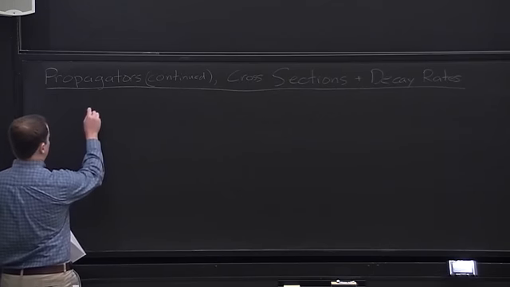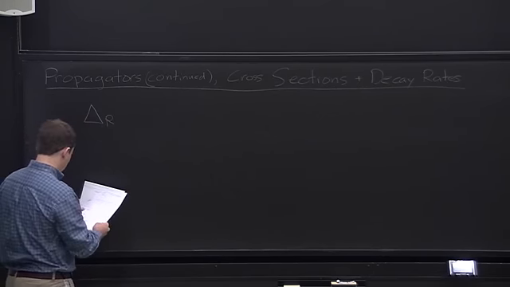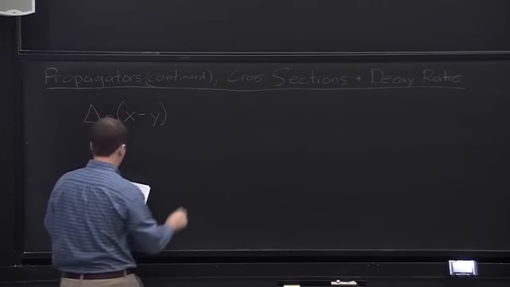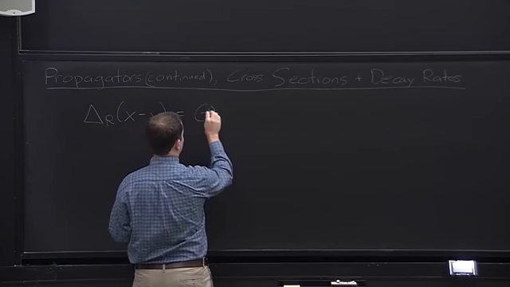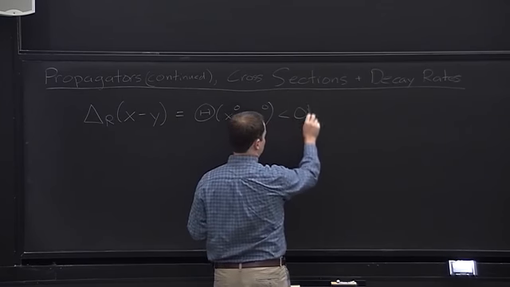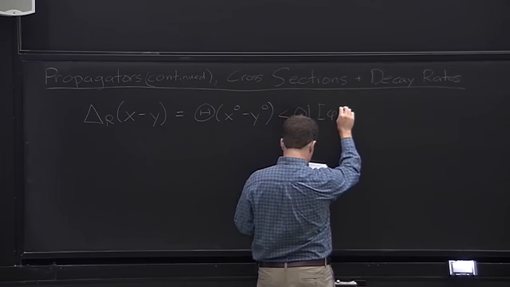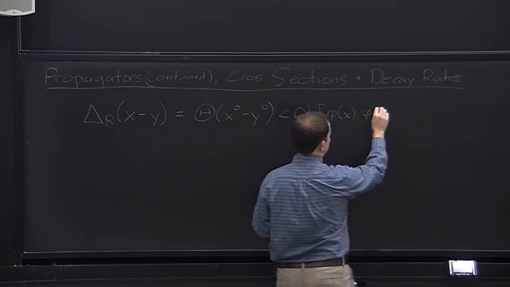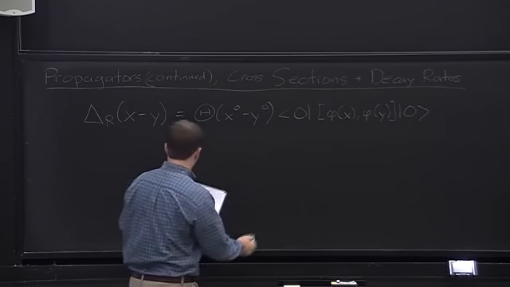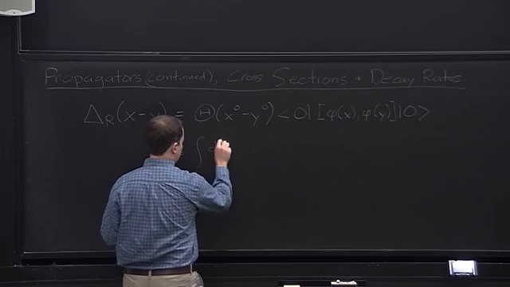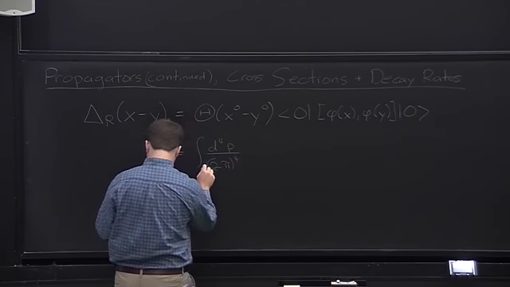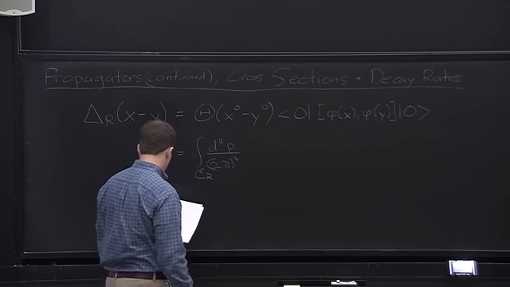So we left off, we deduced a formula for what I call delta R, which was related to the expectation value of the commutator, and we found a formula for it that was in terms of a four-dimensional integral over a complex contour in the P0 plane.